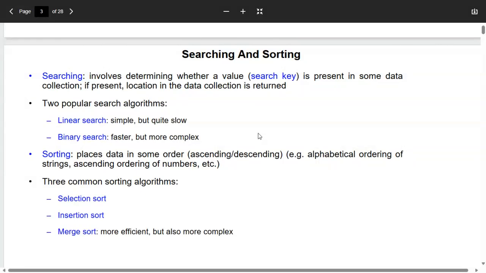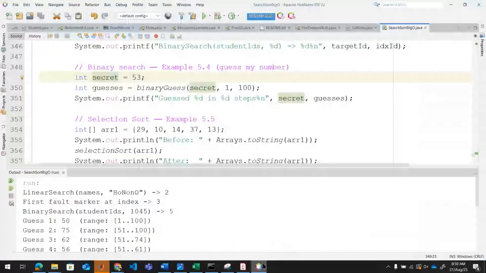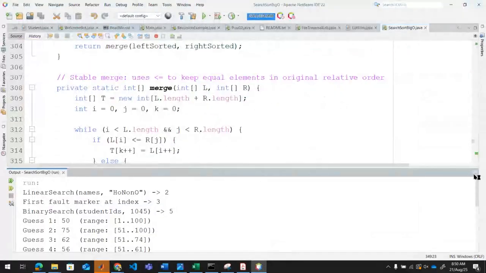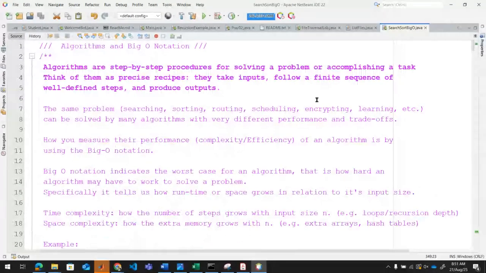Let me just quickly shift now. All right, I hope this is clear enough.